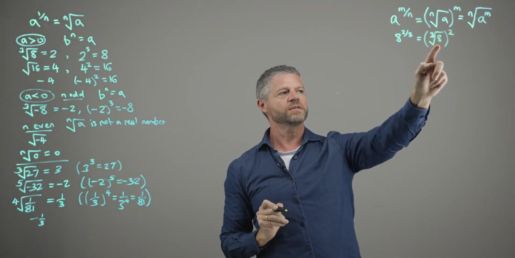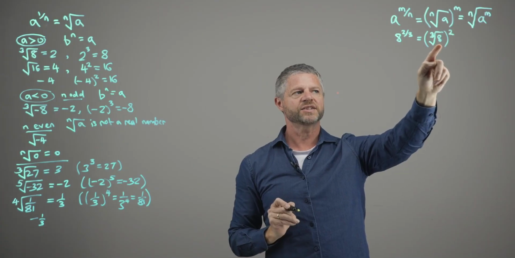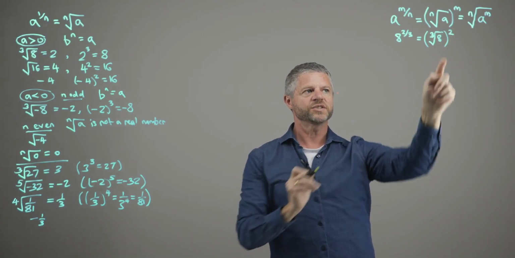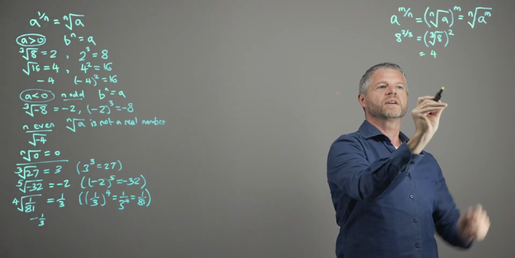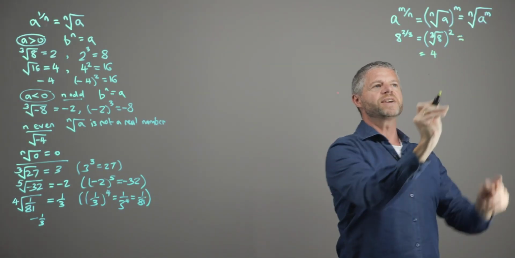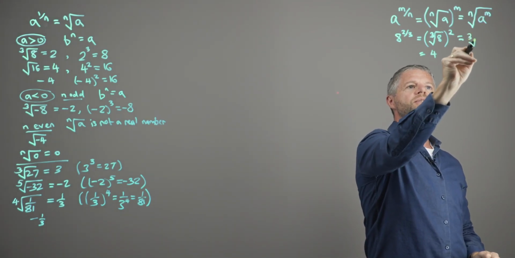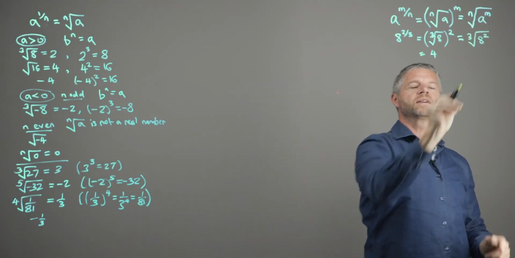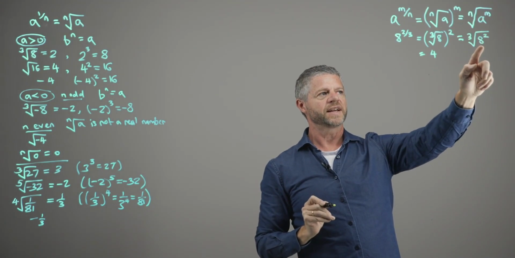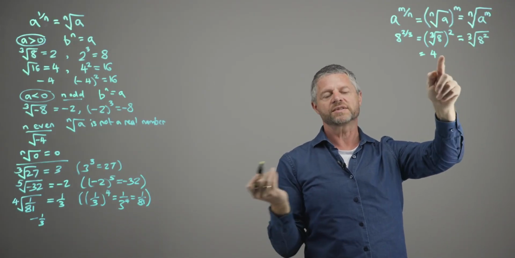So the principal third root of 8 is 2, and 2 squared is 4. If we think about it the other way round, we would have the principal third root of 8 squared. And 8 squared is 64, and the third root of 64 is 4.